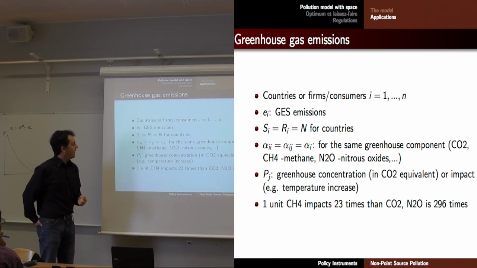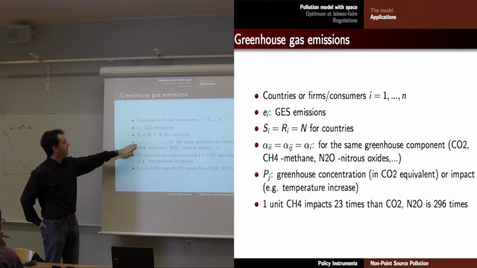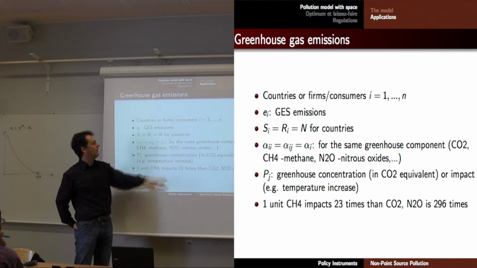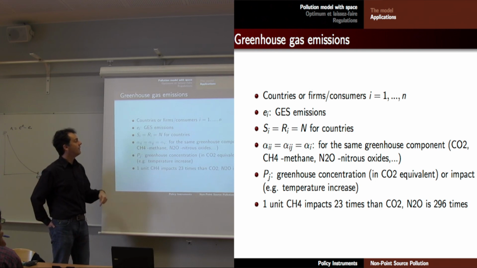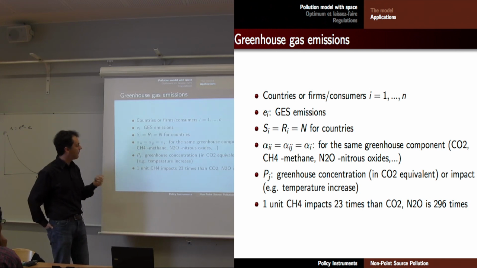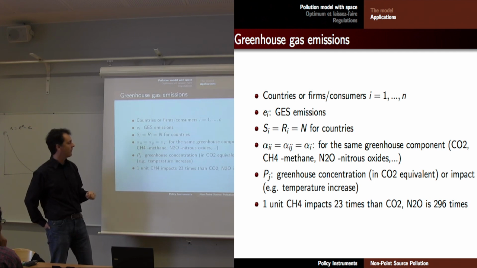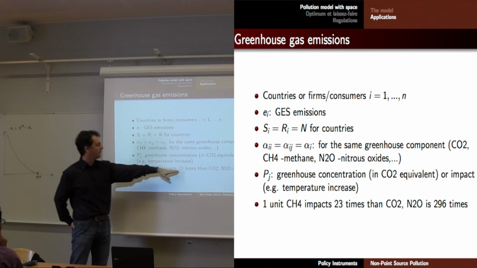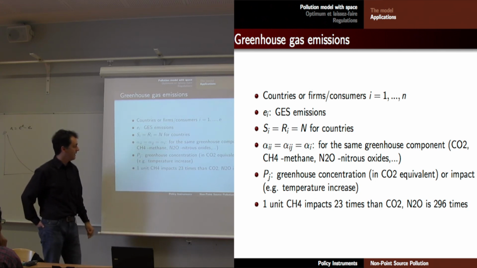So the transfer coefficient is the same for the same greenhouse gas component in terms of CO2 equivalent. But you know that the same ton of some greenhouse gases has more impact on climate than CO2. For instance, methane impacts climate 23 times more than CO2.